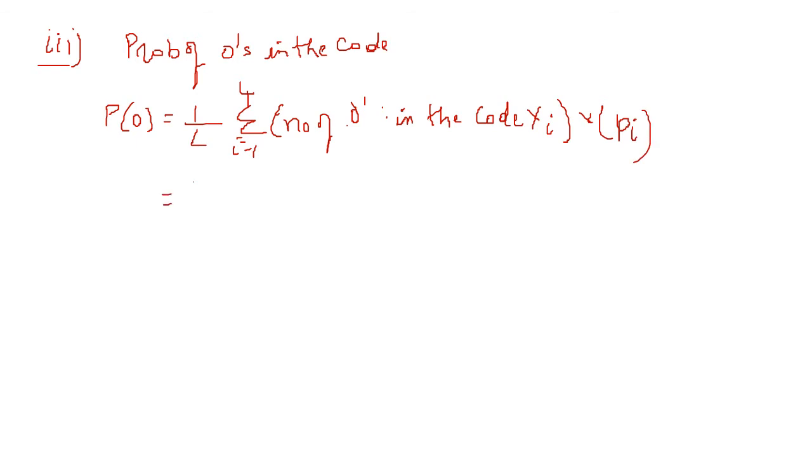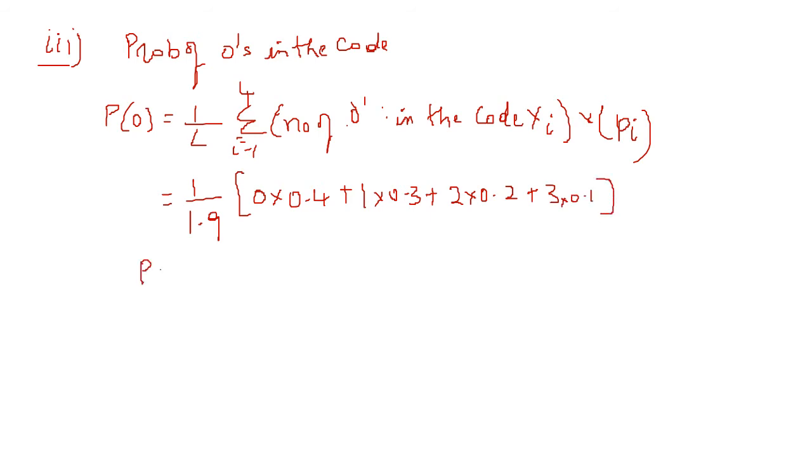So I can write 1 by 1.9, the average length, into the number of zeros in code x4, which is 0. So 0 into 0.4, plus you have 1 zero in x3, so 1 into 0.3, plus you have 2 zeros in x2, so 2 into 0.2, plus 3 into 0.1. So this will be the probability value of 0, which we will get as 0.5213.